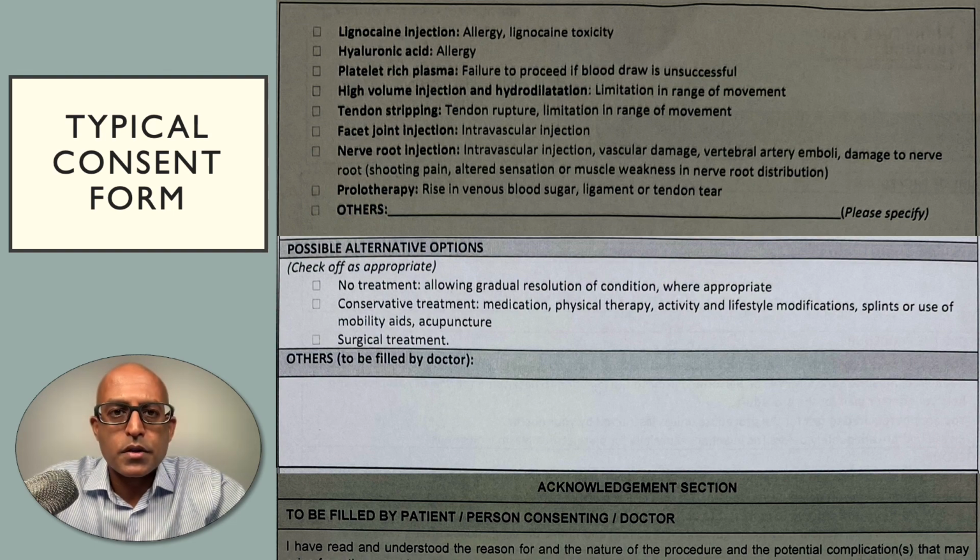It's also important to include it here because then you have done your duty to the patient by informing them what the options are. If they decide to go ahead with the procedure, that's fine, but also if they decide not to go ahead with it, it is really down to their autonomy and you must respect that decision.